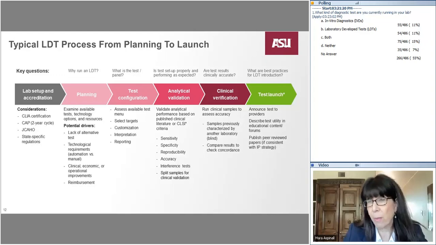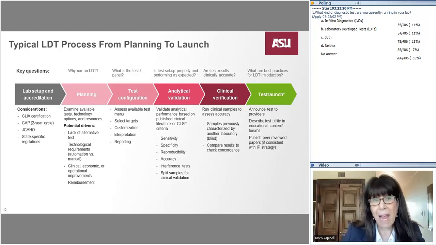And we can see from our poll that a lot of people are pretty familiar. 21% of you run LDTs, same 21% of you run IVDs, 29% are both, so you're familiar with it, and 14%, I'm assuming, are in different parts of the industry and are not running either test, either now or on a different part of the value curve.